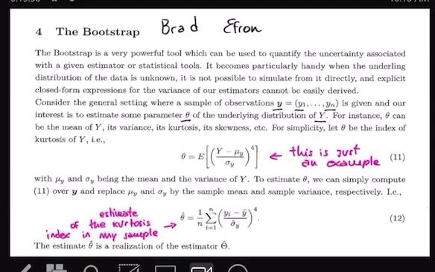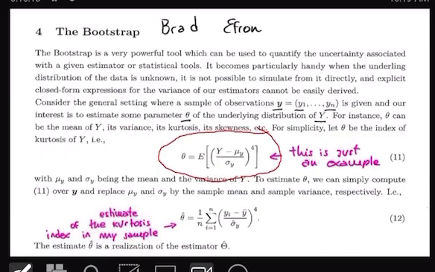The interest here is that I want to estimate kurtosis. In statistical theory, equation 11 is a parameter.